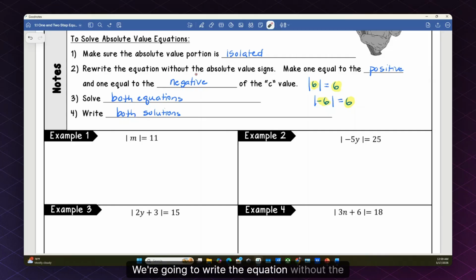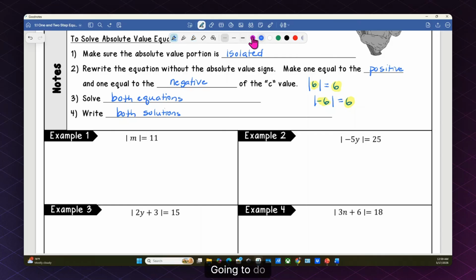We're going to write the equation without the absolute value sign, and we're going to make 1 equal to the positive option and 1 equal to the negative option. So I'm just going to break this up into 2. I'm going to do my first option where m is equal to positive 11, and then my second option where m is equal to the negative option.